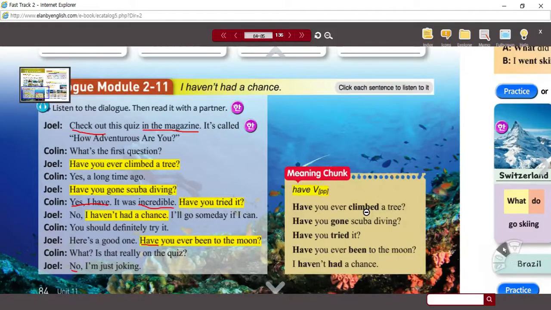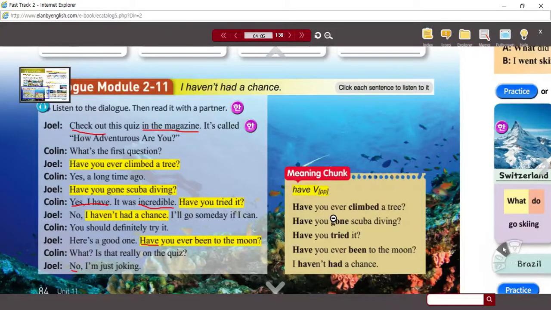So we're looking at some period in the past, but in the question there's no indication of a specific time. Okay. Have you ever, so ever seems to imply at any time in the past. We don't know what time in the past.